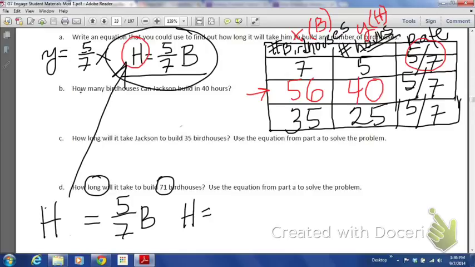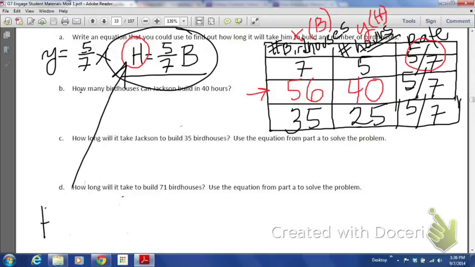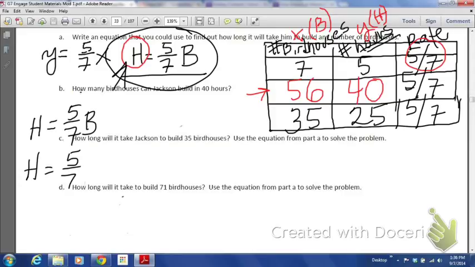Actually, let me do it this way. We should have a little bit more room, so I'll start up here. H equals 5/7 B. H equals 5/7 times 71 over 1.